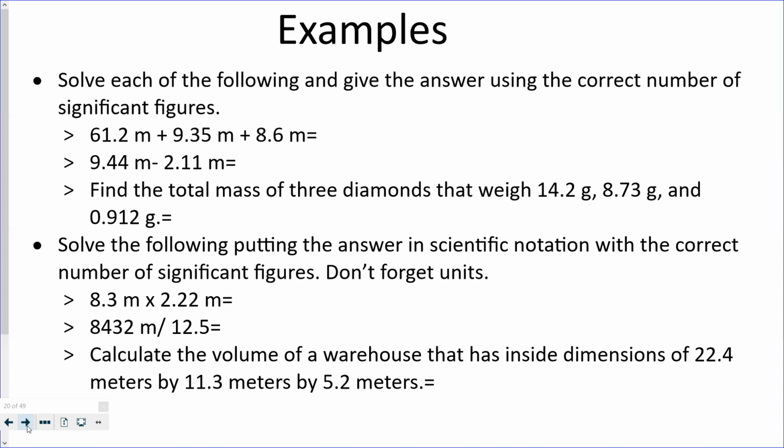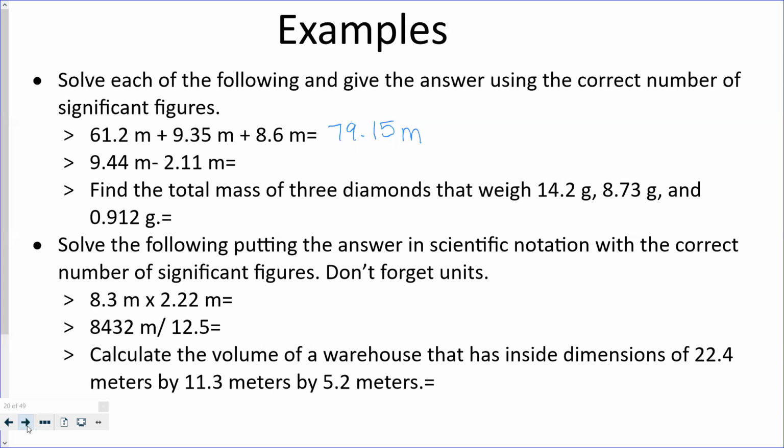So 61.2 plus 9.35 plus 8.6. Your calculator answer is 79.15 meters. Now we're adding, so remember the rule for addition and subtraction is you round to the least number of decimal places.